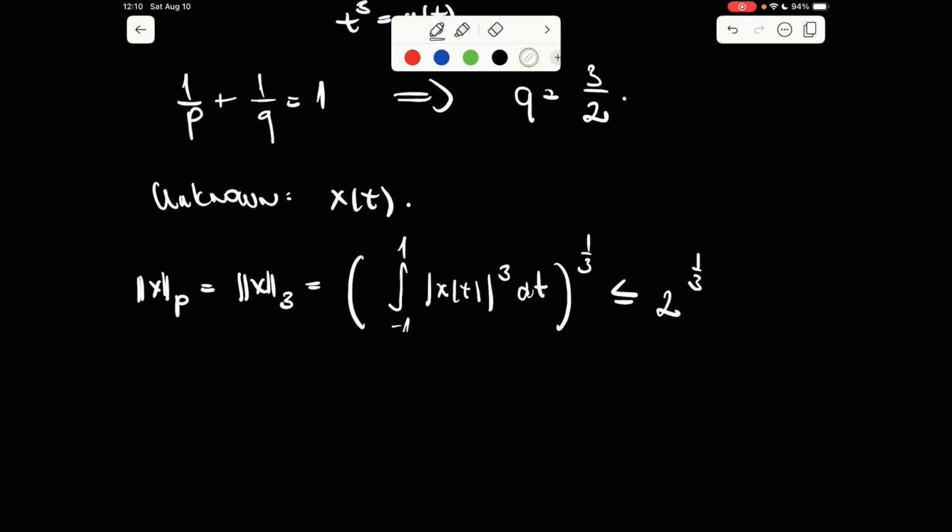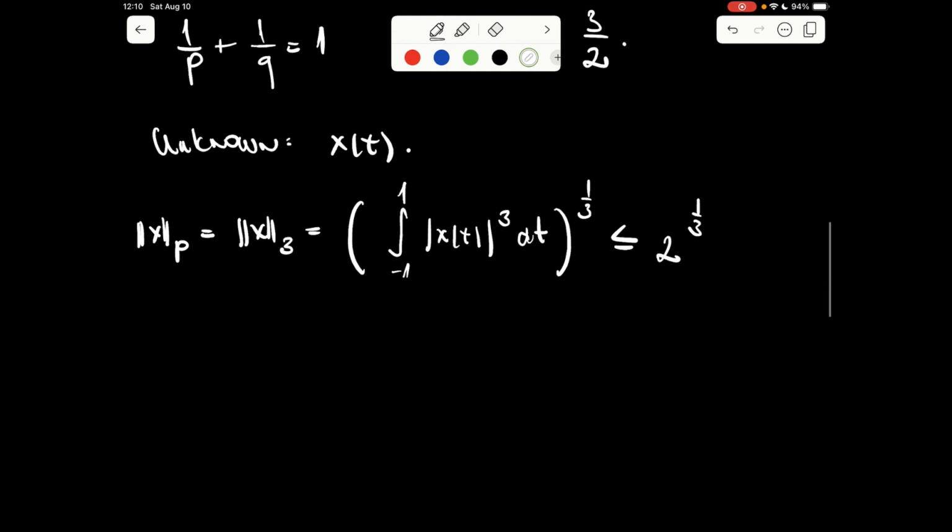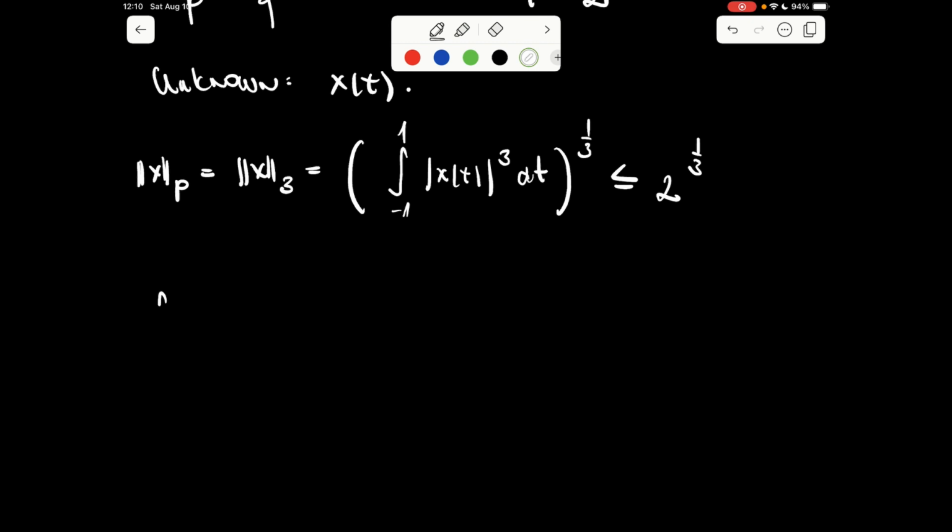It comes from the constraint. So we know this for sure. And now we can use the Hölder inequality.